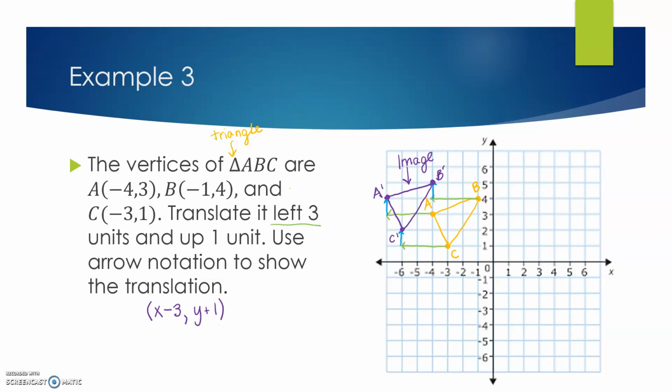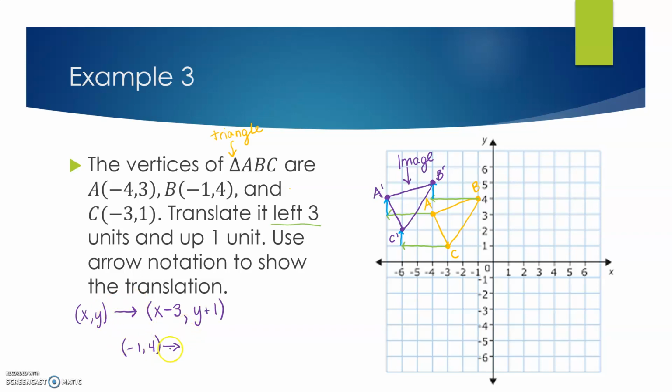So we can check this. What it means is that I can take the point B, which was at -1, 4, and when I apply this rule, I say that I start at the point x, y, and then I move, and this is where we get the name arrow notation.